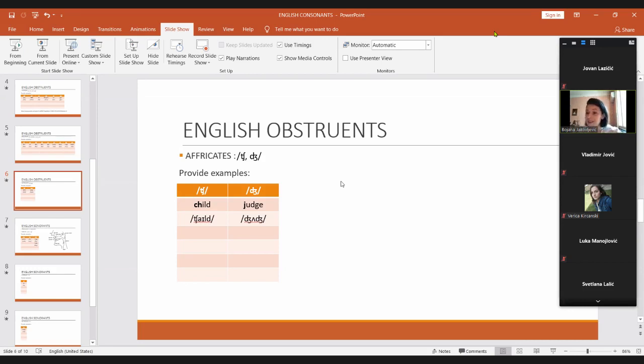So in Serbian they're quite harsh. In English they're much softer. And in Serbian we have a very large inventory of affricates. There is also ch and j and s, and in English you have only two, and that's the end of the story.